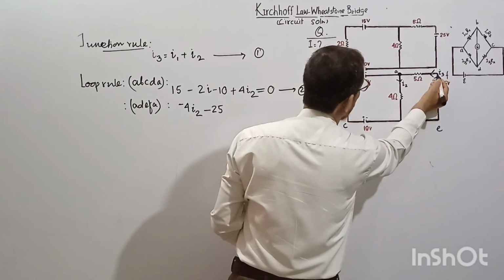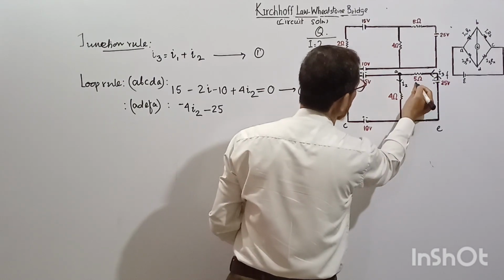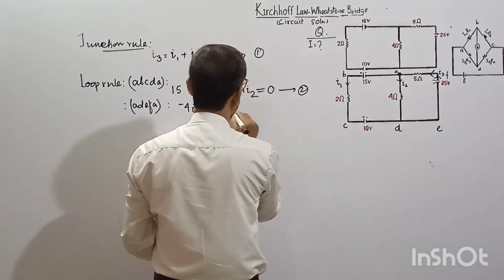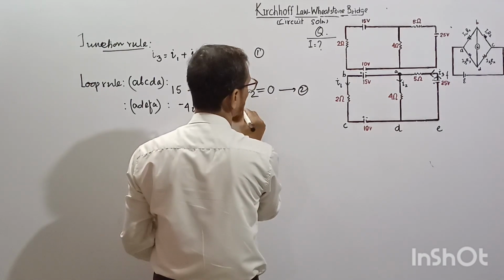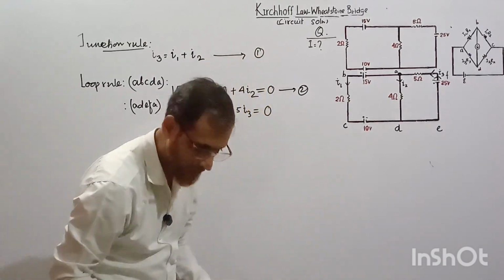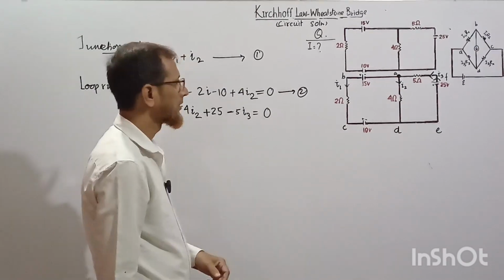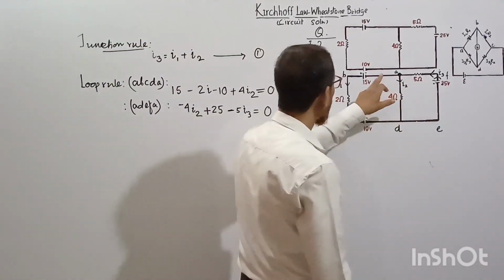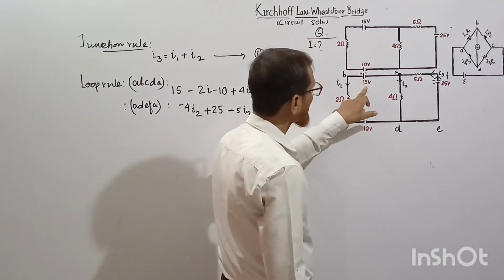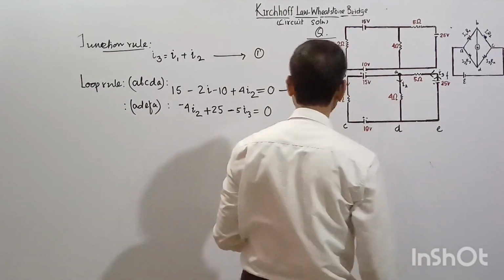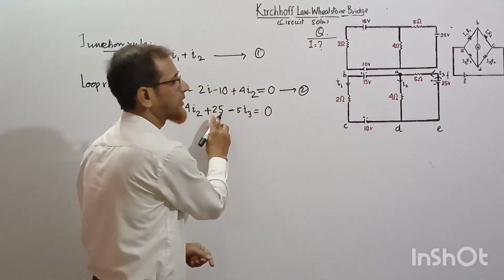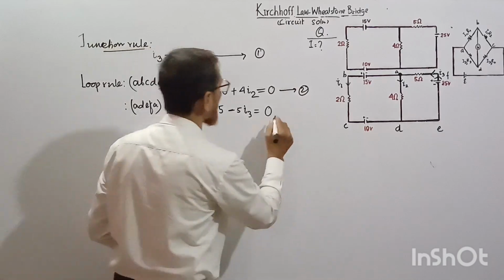So here I and R give the voltage drop, current into resistance. Let me repeat: at this point, when it is minus to plus, the V is plus, and plus to minus, V is minus. So the current is passing from minus to plus, that's why 25 is equal to plus, am I right? So you are getting equation 3.